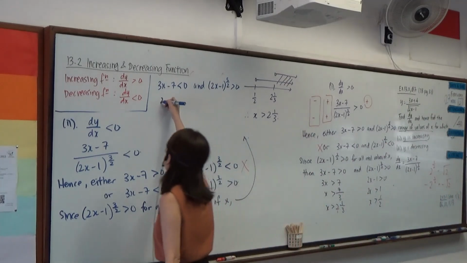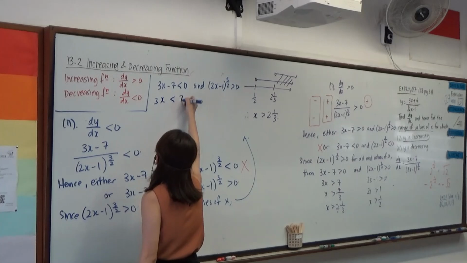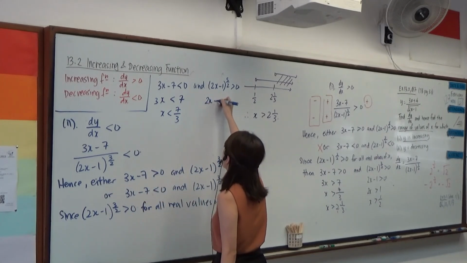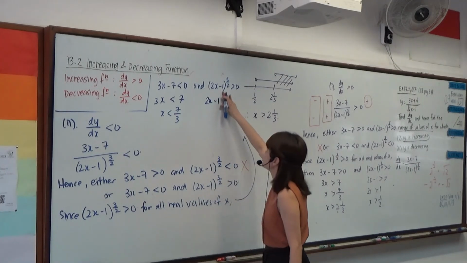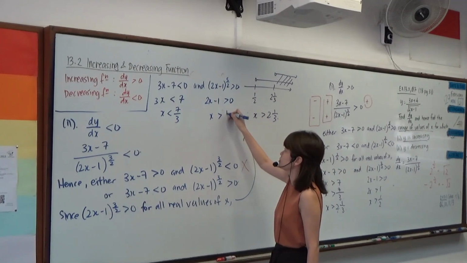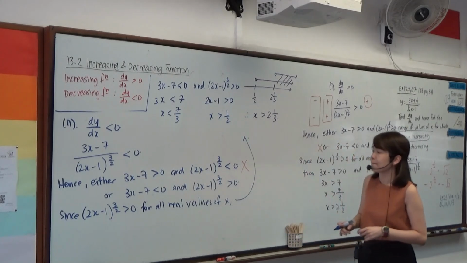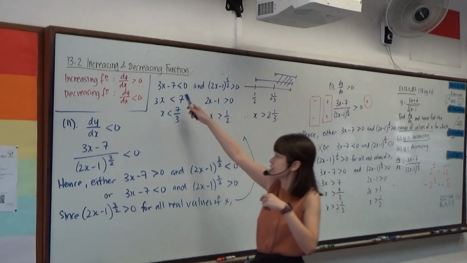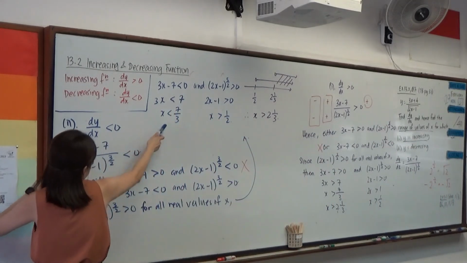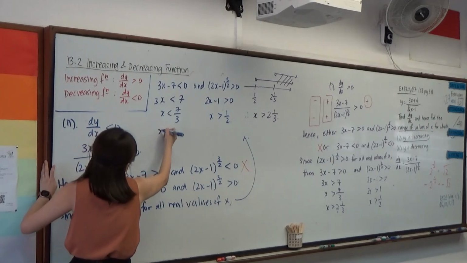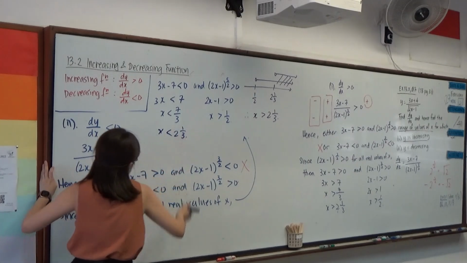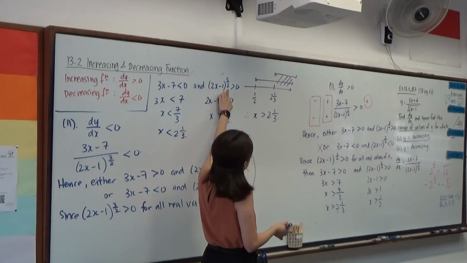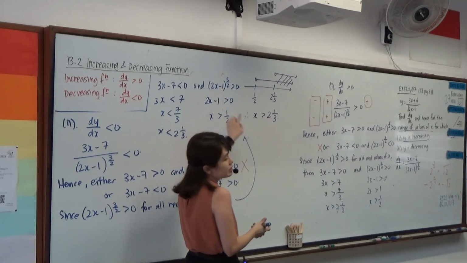Then it's about your usual solving. 3x minus 7 less than 0: shift the 7 first, then divide by 3. Whereas for this thing, the same thing applies. If the entire expression is positive, the inside must be positive.